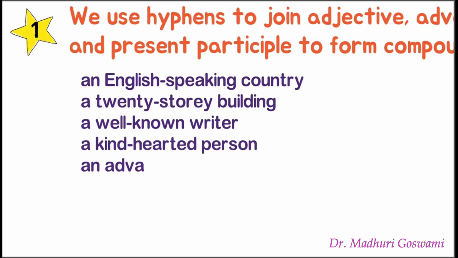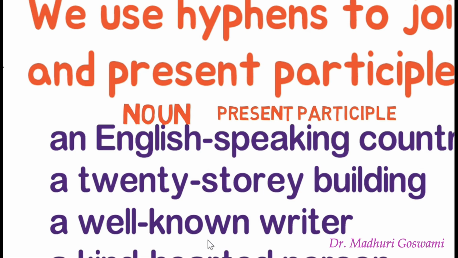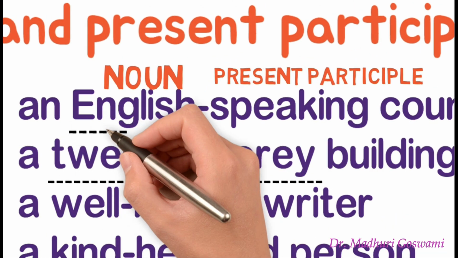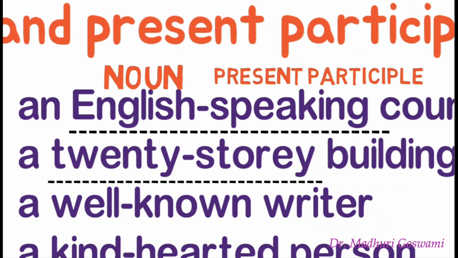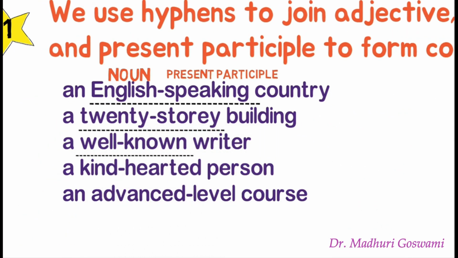An English-speaking country. English is a noun and speaking is a present participle. A 20-story building. Just notice that these two words 20 and story, they are connected with the hyphen. If you write them together without using the hyphen, it would be incorrect. Or it will create some confusion or ambiguity.